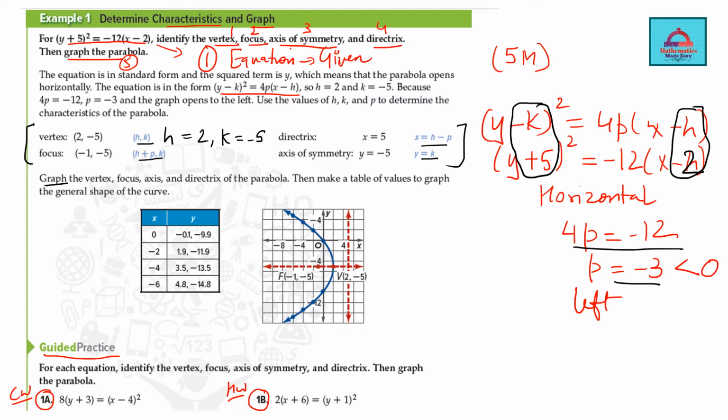Whatever is the points upwards, same symmetry is going to continue downwards. So even if we don't draw this table, we can roughly draw the parabola because we know the concept of symmetry. What is up will come down. So that's how you do a question. Let's now solve 1A together in the next slide.